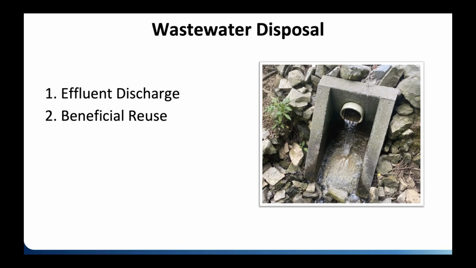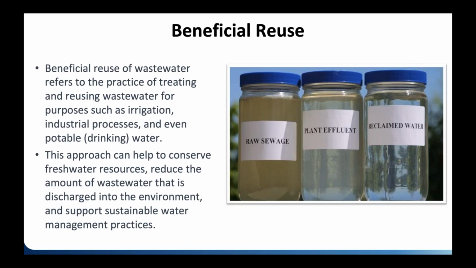The other option that people have is what's called beneficial reuse. This is becoming more and more popular, especially in the Western states where we're running into water shortages. This is where you take the water out of the back of your plant and you can go right to land application if you're applying it onto non-food-based crops.